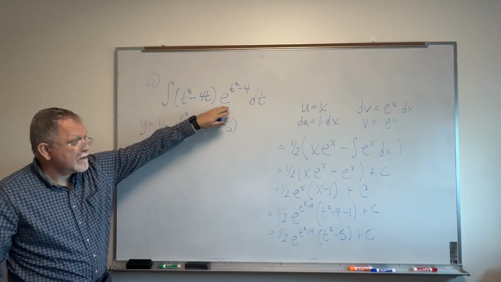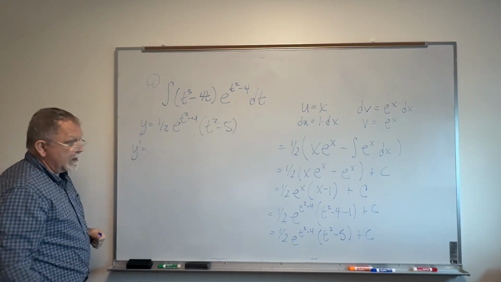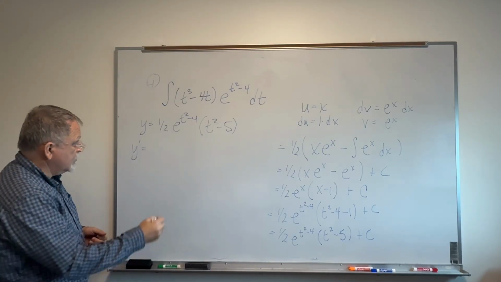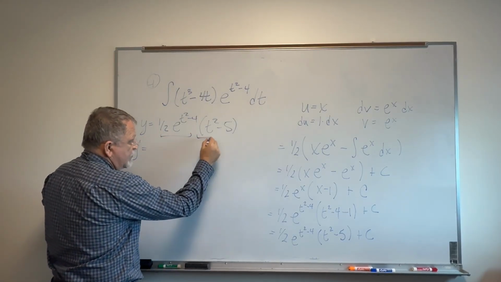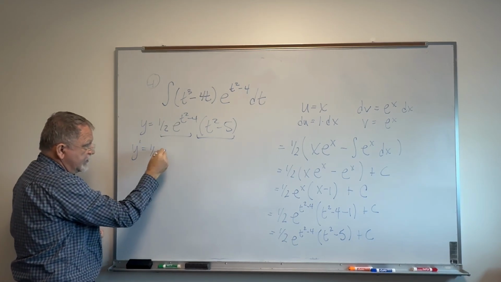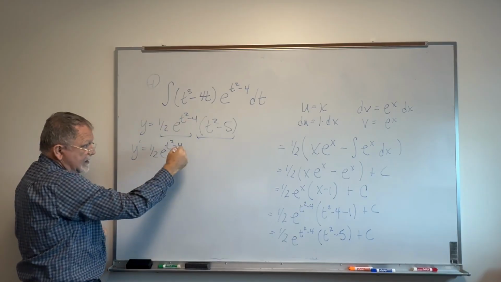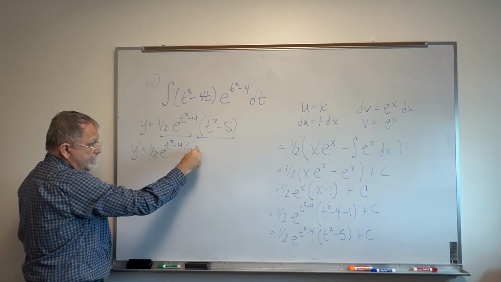So y prime is, we're going to have to use the product rule. This will be my first function. This will be my second function. So the derivative of the first, it's going to be 1/2 e to the t squared minus 4 times the derivative of what's in that exponent, which is 2t.